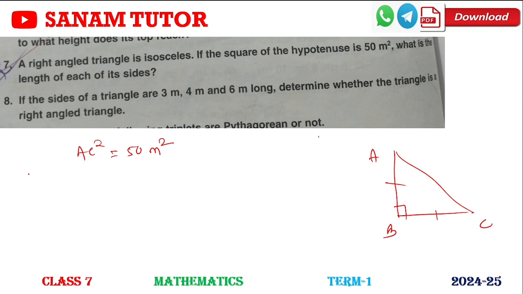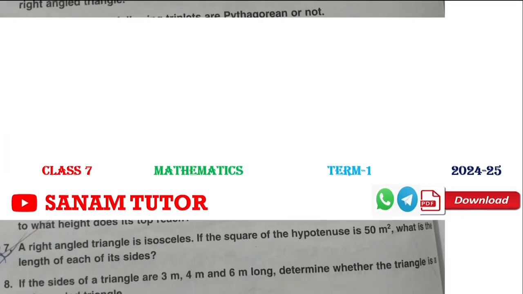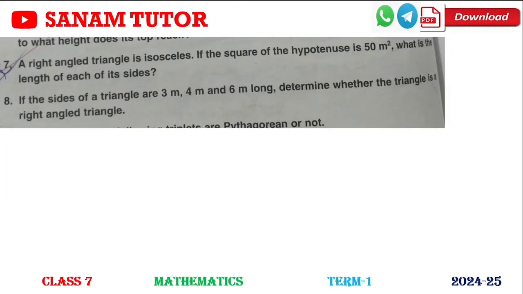This is homework. So next question: if the sides of the triangle are given, determine whether the triangle is right angle or not. How to solve? Now first we solve the bigger square. So bigger square means 6 square, that is C square, that is 36. Now find the smaller squares: 3 square plus 4 square, that is 9 plus 16, that is 25.